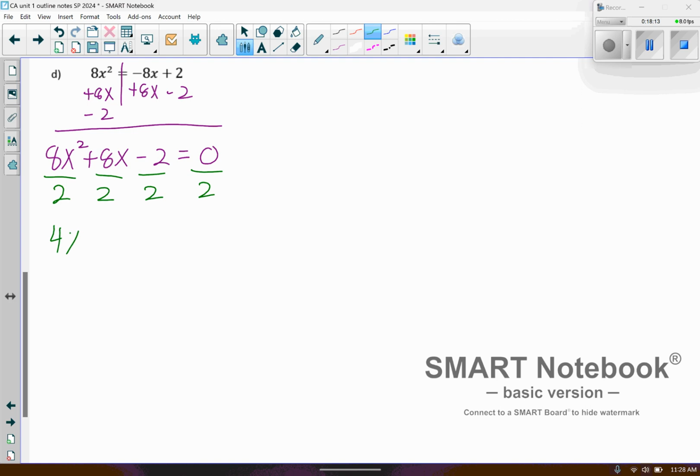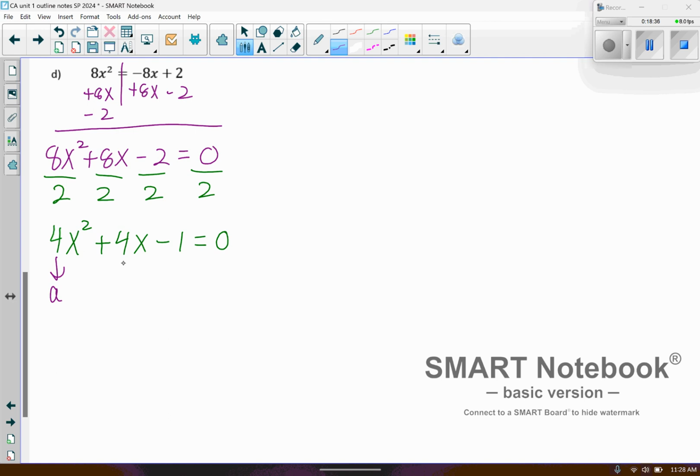I'm going to end up with 4x squared plus 4x minus 1 equals 0, because 0 divided by 2 is still just 0. And like I said, if you didn't recognize this, that's okay. You're still going to get the right answer. Your numbers are going to be a little bit larger, and you might have to reduce a little bit more at the end. But other than that, it's going to be pretty much done the same way.